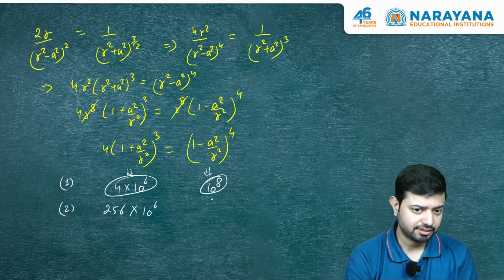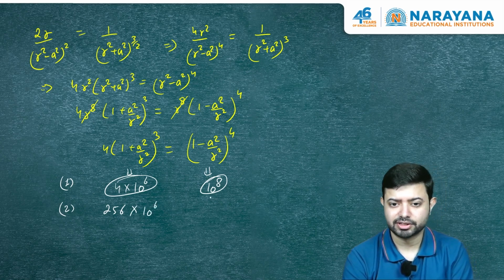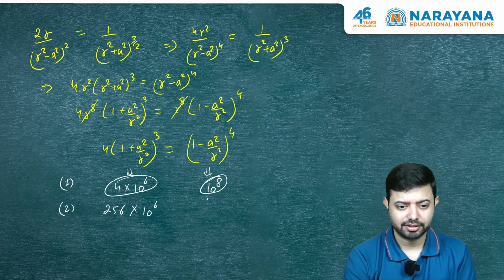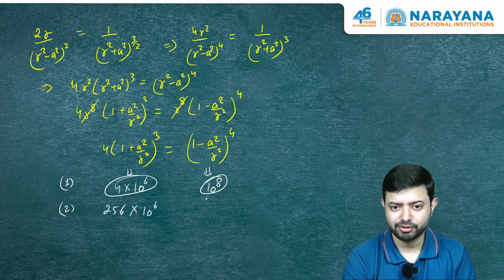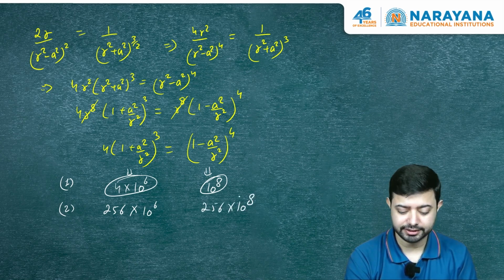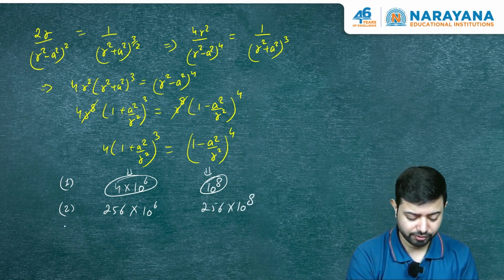The right hand side is 1 minus 400, approximately 400 to the power 4, which is again 256 but with 10 to the power 8. Again they are not matching, so we will not go with this option.